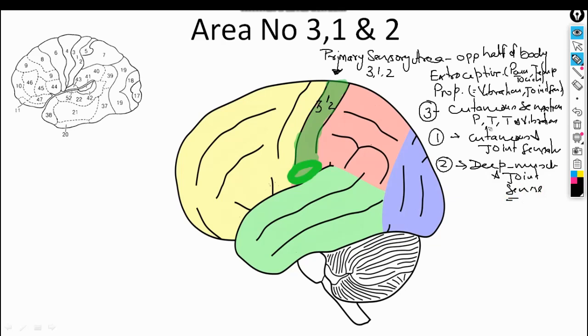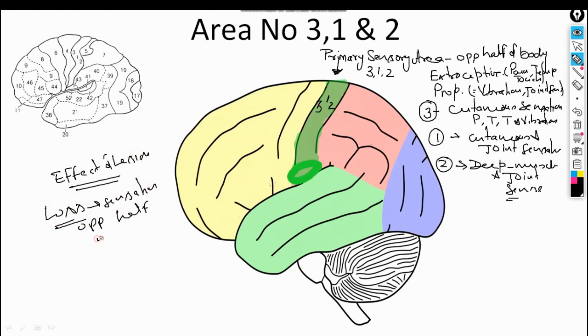So this is the function of areas 3, 1 and 2. What will be the effect of the lesion? It is often asked. The effect of the lesion will be loss of sensation from the opposite half of the body. Clear? This is the effect of the lesion.